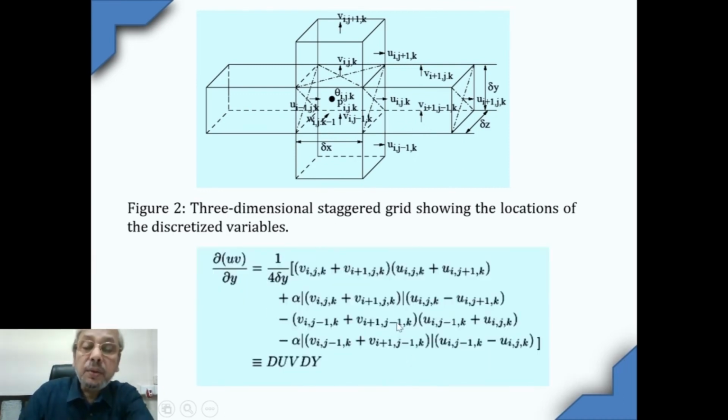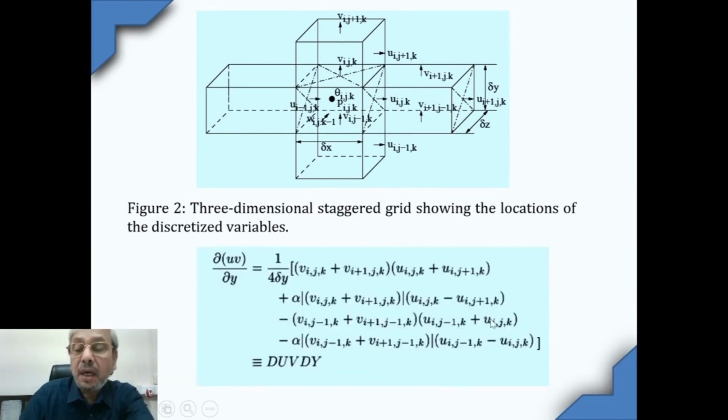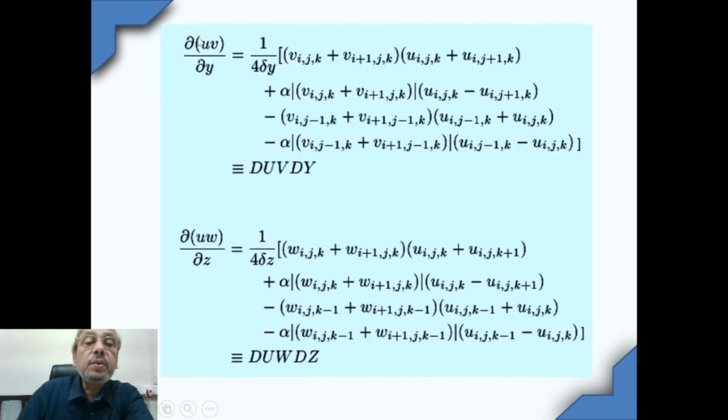So we have again just written those terms, and we are calling it d uv dy. This is del y of uv. We have rewritten basically the previous slide, and the final results of this slide are the same. Basically we are discretizing del y of uv and assigning it a variable name duv dy.